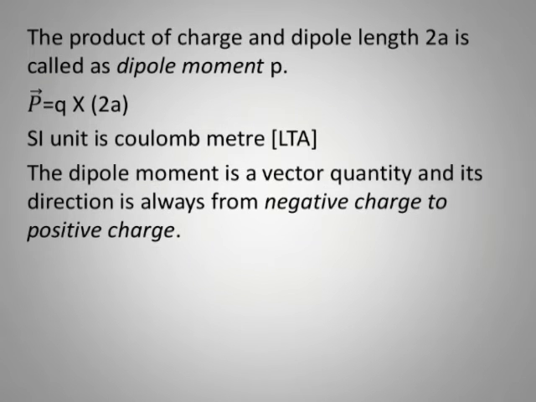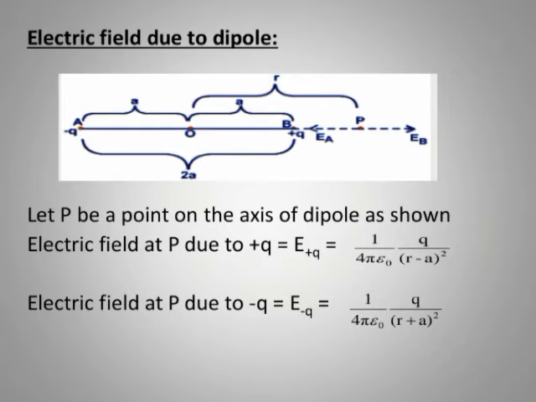The SI unit of the dipole moment is coulomb meter, since a is a distance and q is a charge in coulomb. Dipole moment is a vector quantity, and its direction is always from the negative charge to the positive charge.